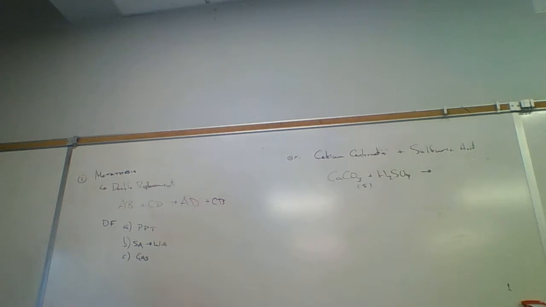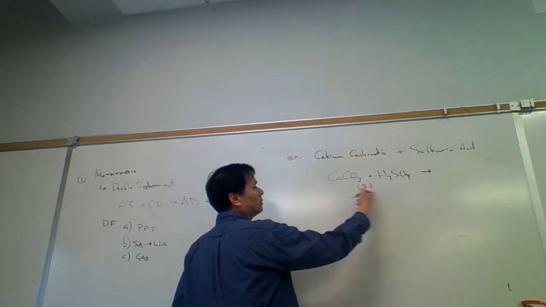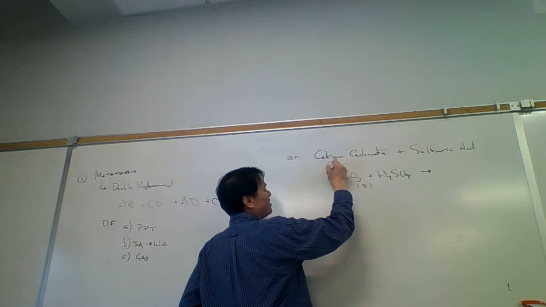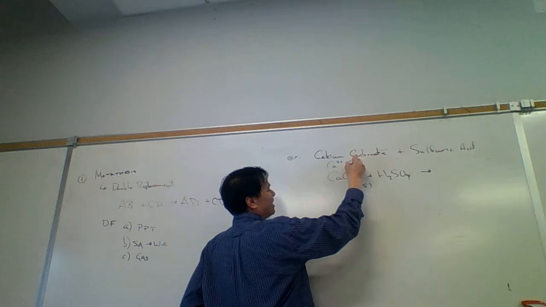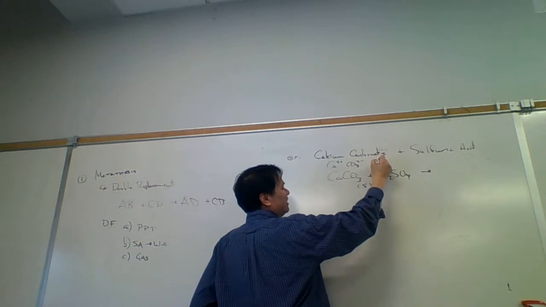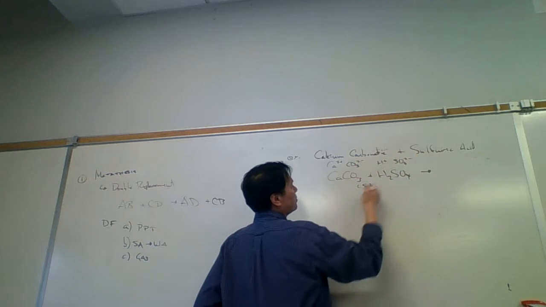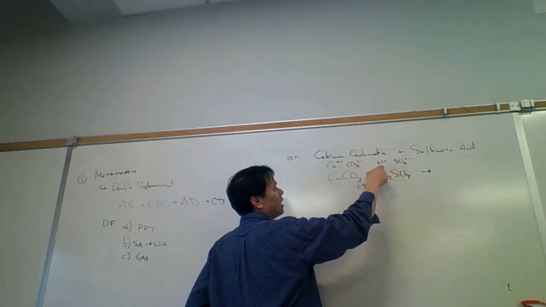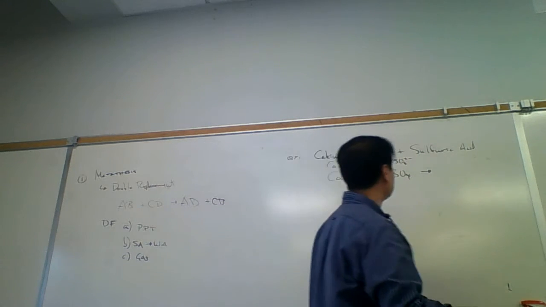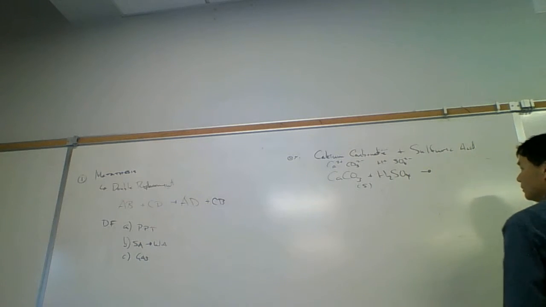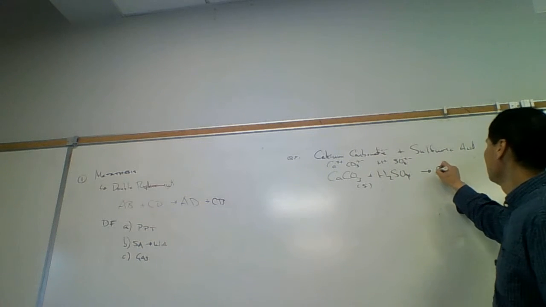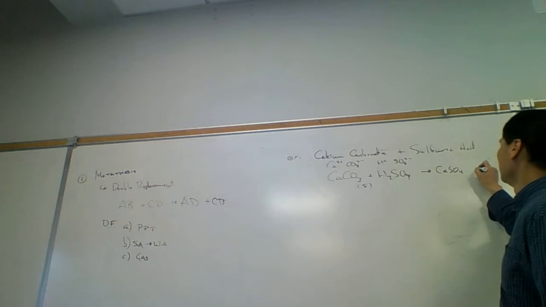All right, so this follows the pattern. This is an AB plus CD type pattern. A is going to be the calcium ion, B is the carbonate ion, C is the hydrogen ion, D is the sulfate ion. So what we're going to get is calcium sulfate and hydrogen carbonate. Calcium sulfate, what's the formula for that? CaSO4.